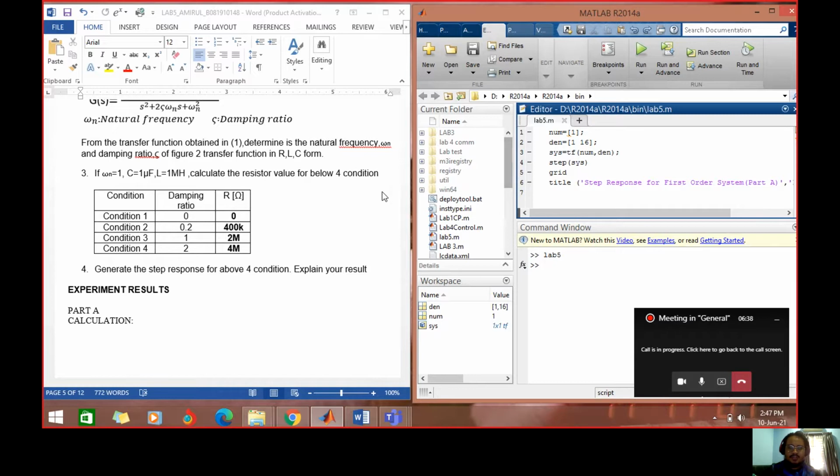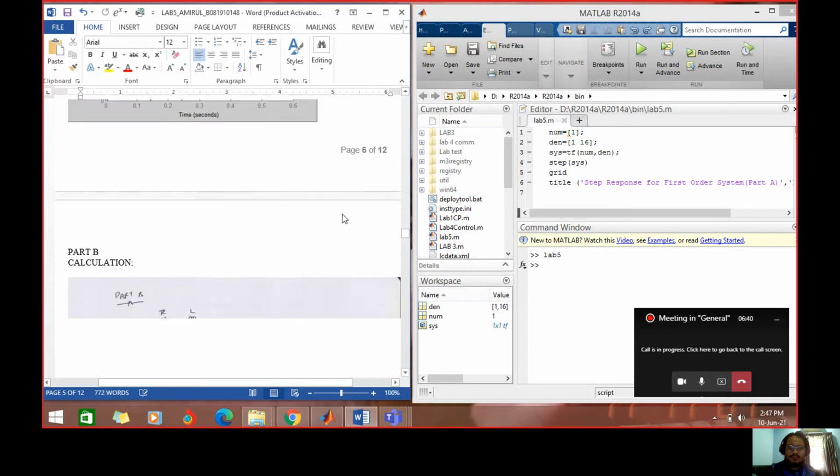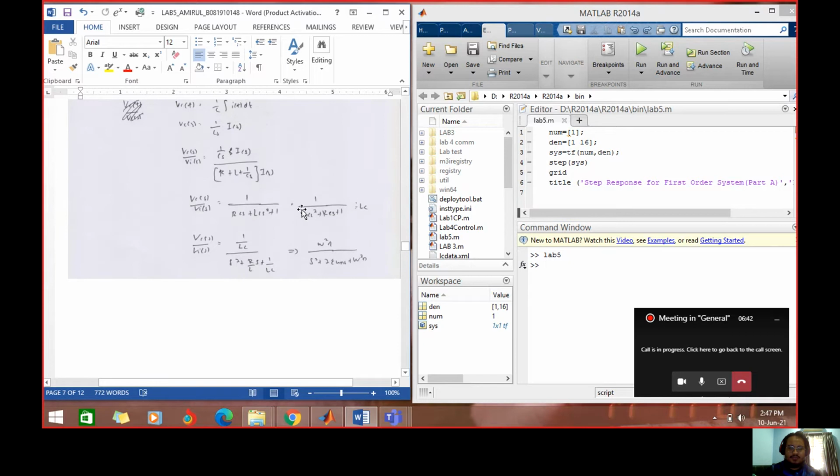For the numerator and denominator, we will refer to this 1 over RCS squared plus RCS plus 1. So the numerator is 1. The denominator for RCS squared is 1.